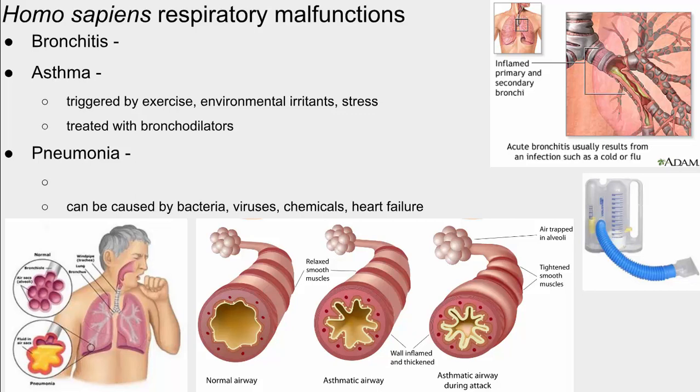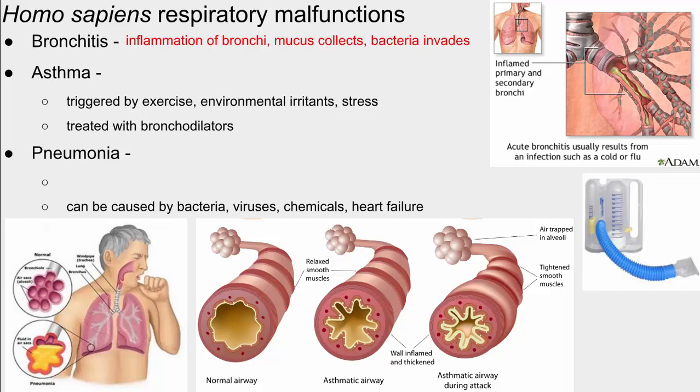So as far as some breakdowns in the respiratory system, some diseases, conditions, some you're probably familiar with, bronchitis. Bronchitis is basically an infection in the bronchi. So if you have a bacterial infection, a viral infection, fluids, mucus can build up in the bronchi, and that restricts the flow of air, interferes with normal breathing.